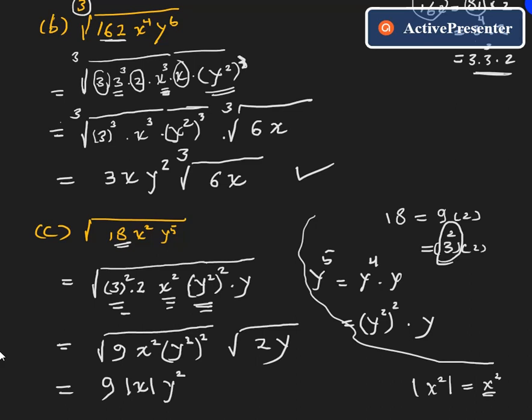Let's complete our example. 9 multiplied with the absolute value of x multiplied in y squared multiplied the square root of 2y, and we are done.